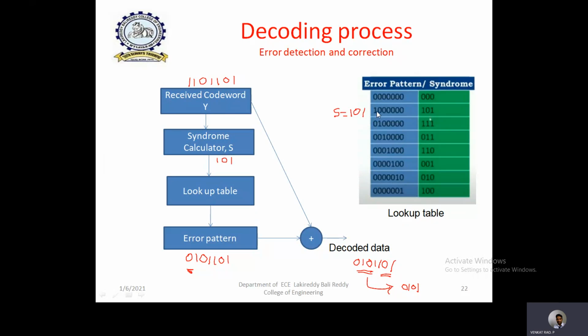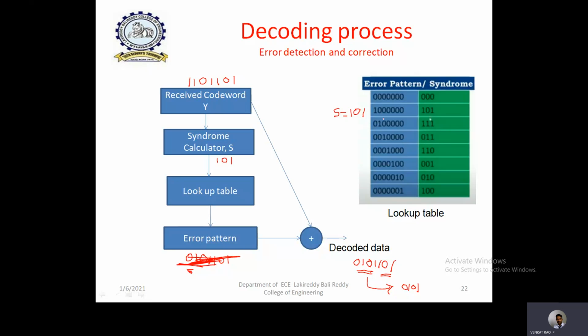So how to correct that? We just need to reverse this bit. To reverse that bit, make an XOR operation with the received code vector and the error pattern.